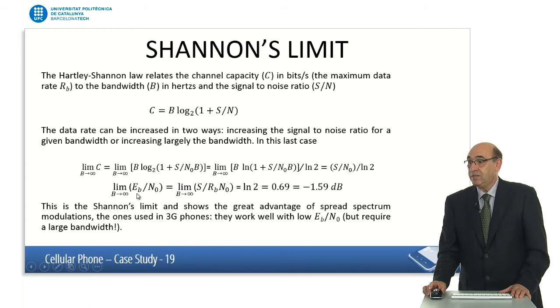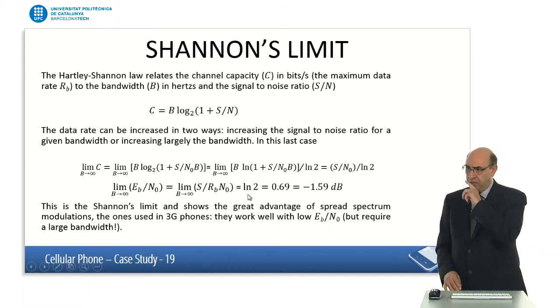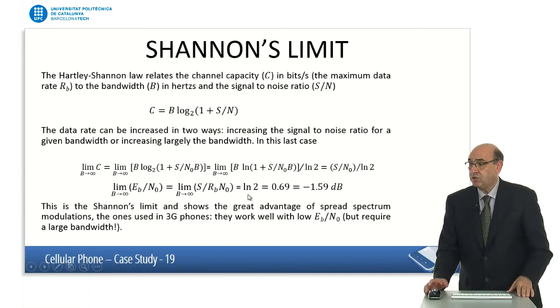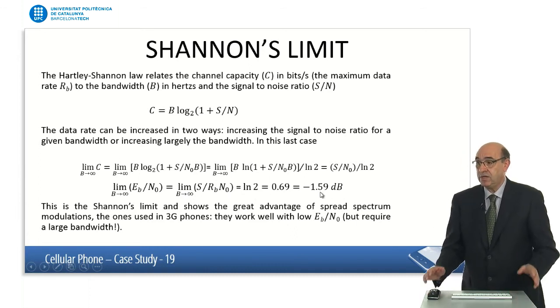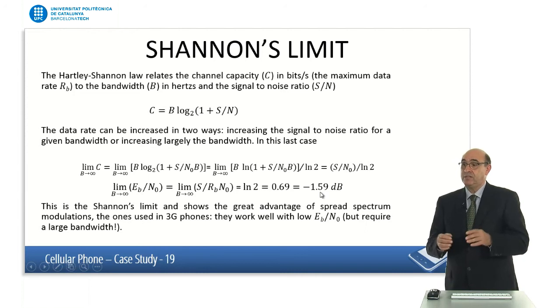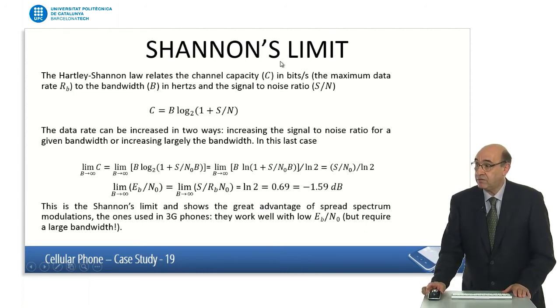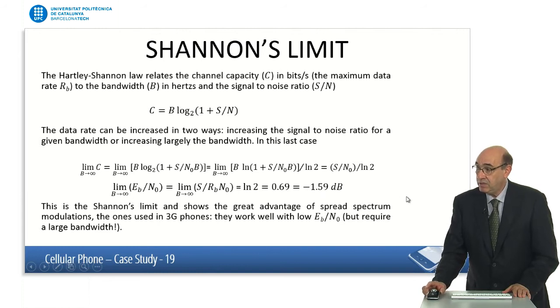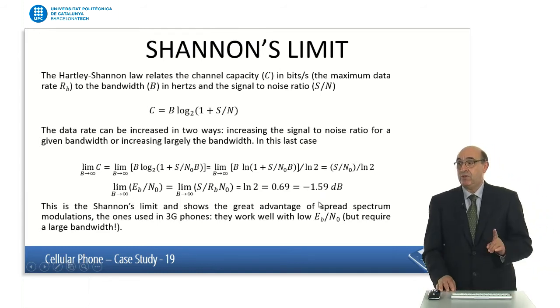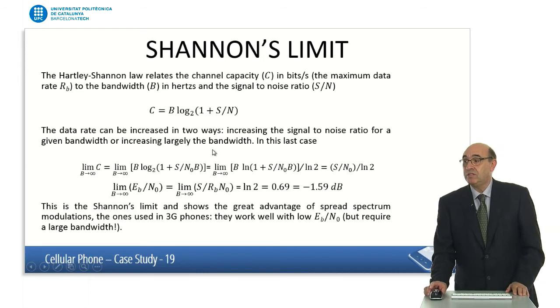So the limit of the bit energy per noise, the signal-to-noise ratio in the digital case, is going to be log Neperian of 2, which is minus 1.6 dBs. And you cannot do better than this. So this is just the limit that is set by Shannon's, and this is known as the Shannon limit. So this is the minimum requirement if you are free to increase a lot the bandwidth.